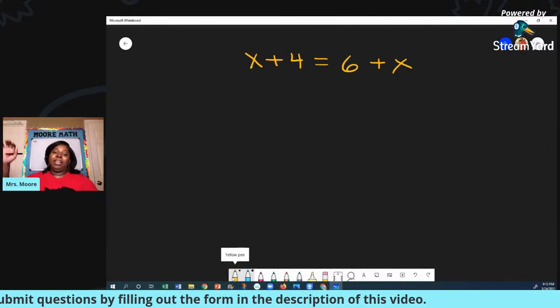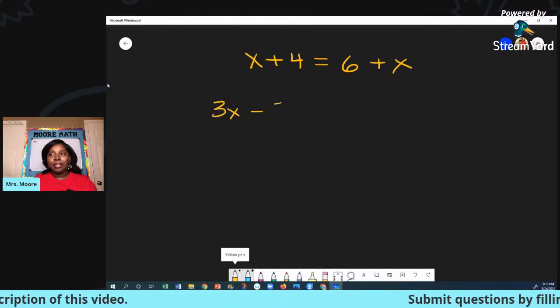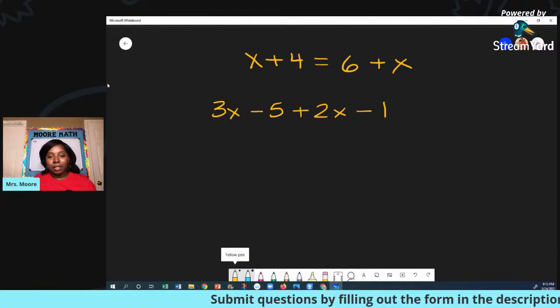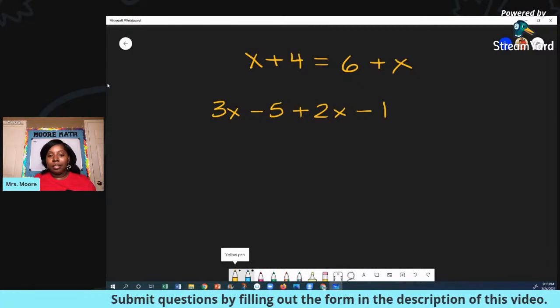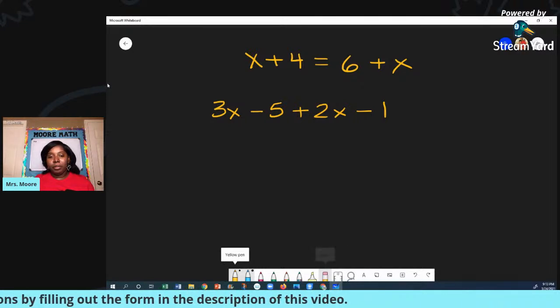Because there's so many equations. Or like we were doing before, where it was 3x minus 5 plus 2x minus 1. Let me know which one you prefer.